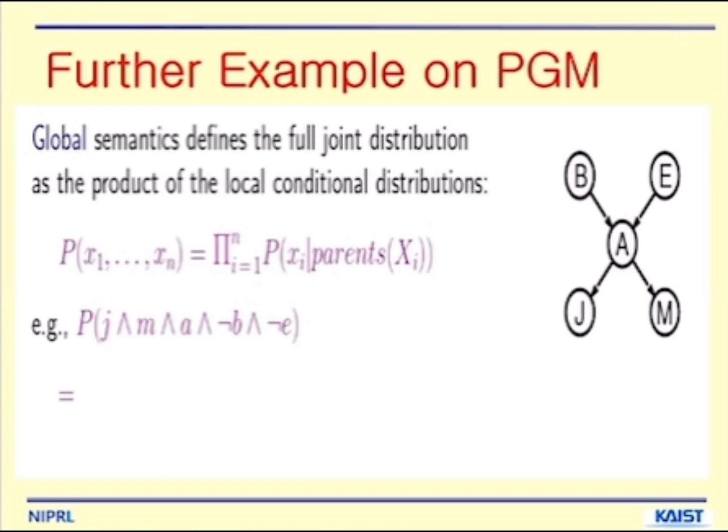Even if I'm talking about J, M, A, B and E, the way the network is read, I'm going to have the probability of B, the probability of E, starting with that, then the probability of A given B and E, multiplied by the probability of J given A, then the probability of M given A. Any question? That is what the network expresses.